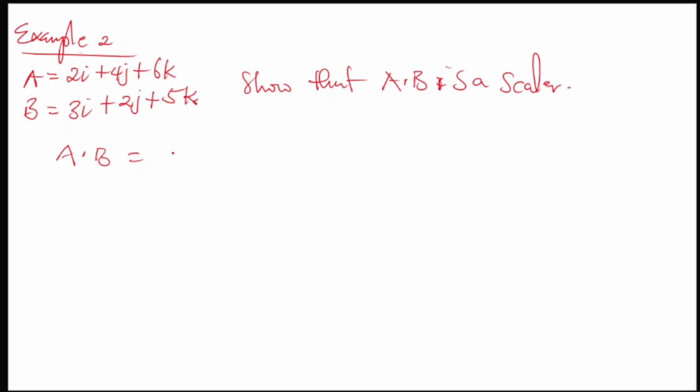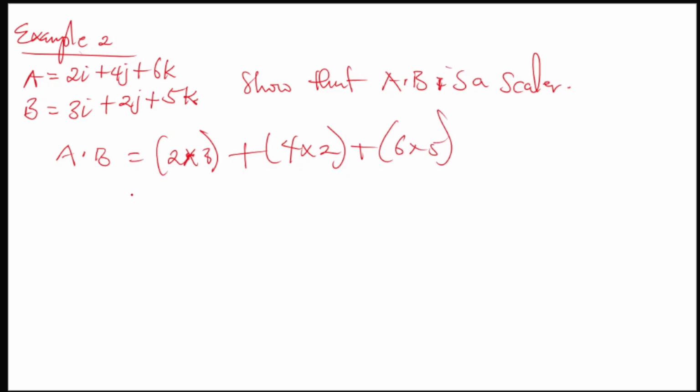If you do that, you will simply arrive at 2 multiplied by 3, right? So you have 2 times 3 plus 4 times 2, plus the next one will be 6 times 5.